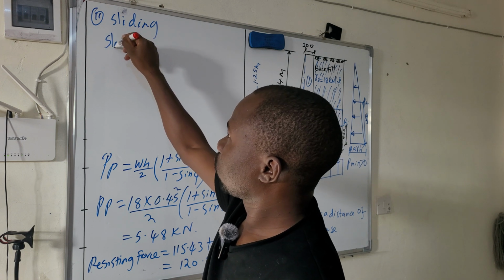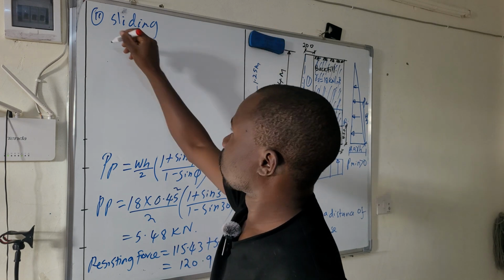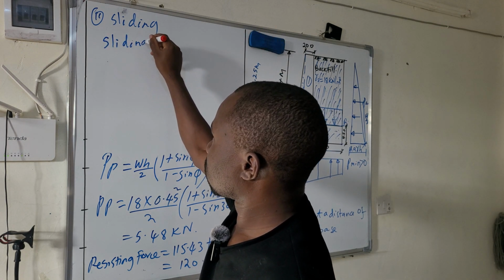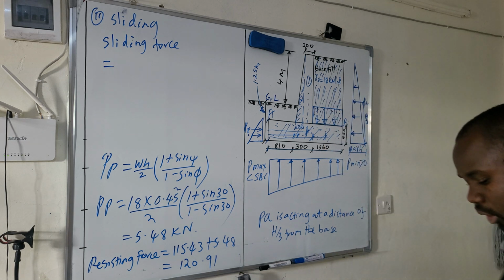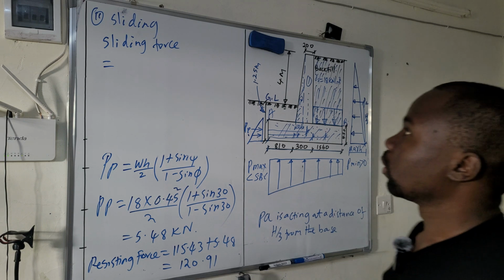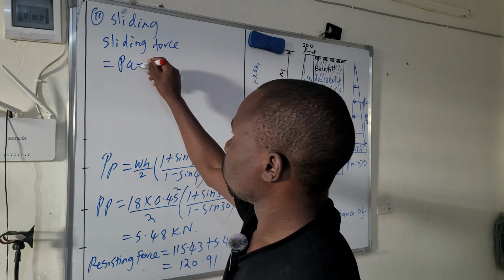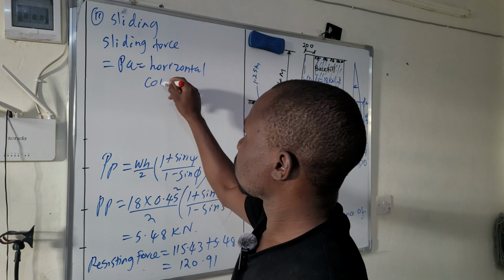So sliding force is given by, this one is equal to the horizontal component, PA, which is equal to the horizontal component.